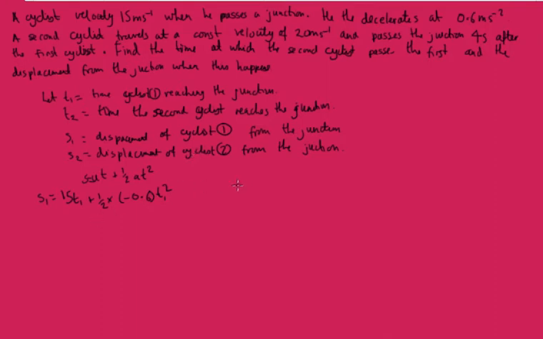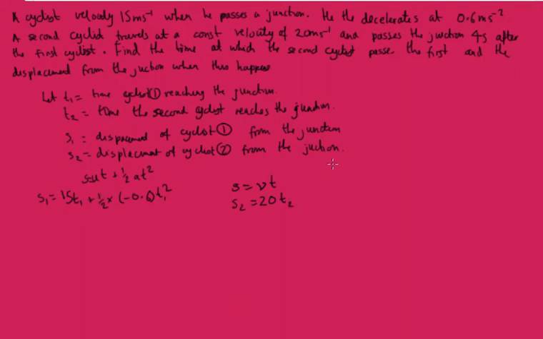For the second cyclist, now the first cyclist is decelerating, the second cyclist isn't. So it's going to be S equals vt. So S2 is going to be 20 because it's going at 20 meters per second, times T2.